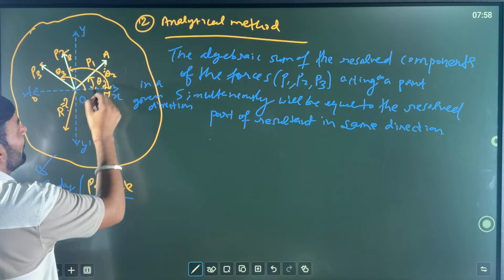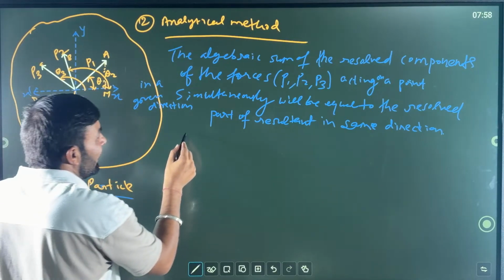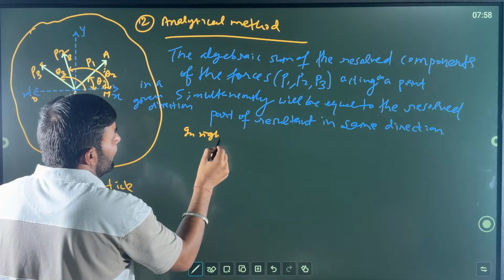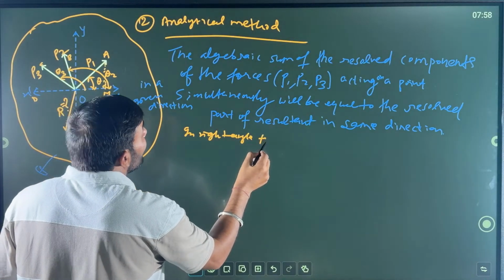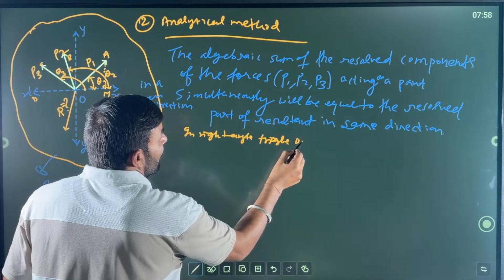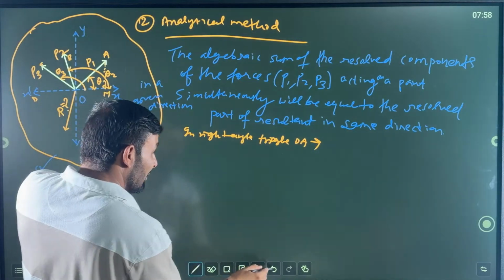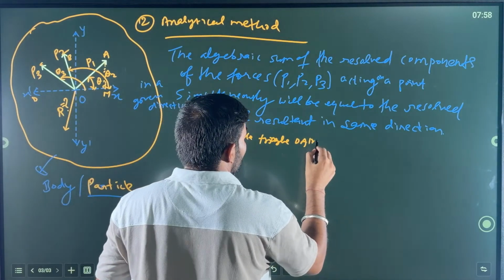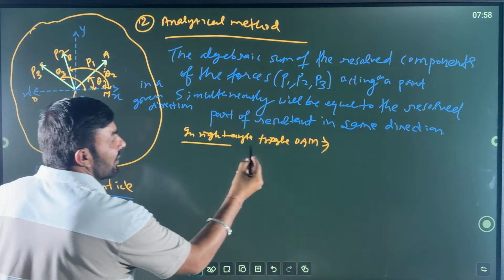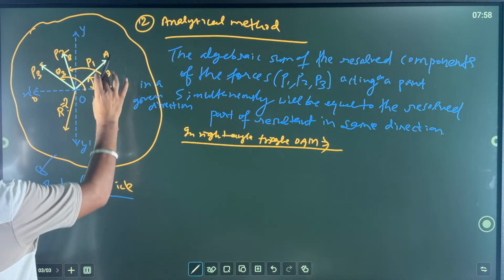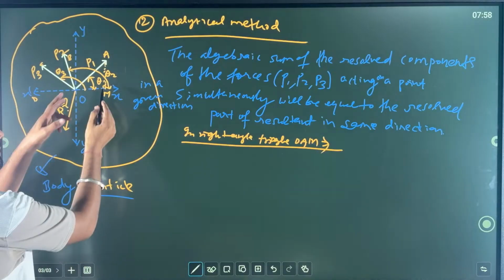Now in the right angle triangle, let us put this as N point. In right angle triangle OAM, my dear friends, what will be this component? OM, my dear friends.